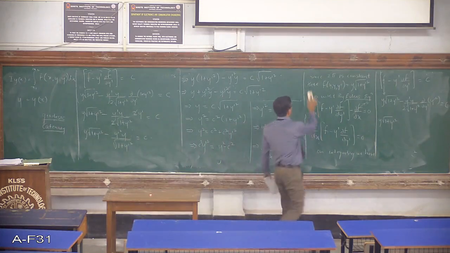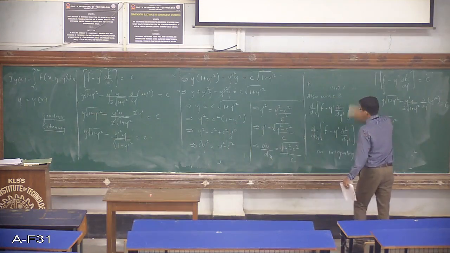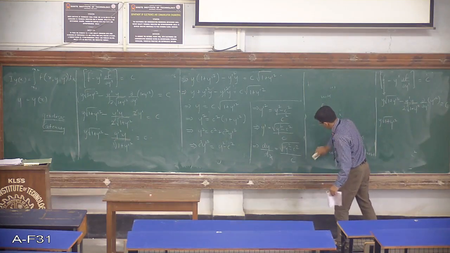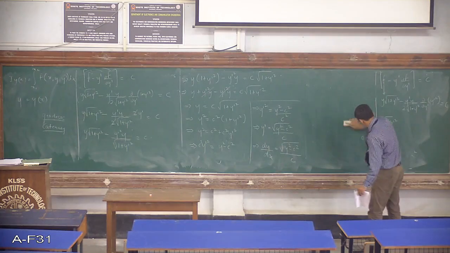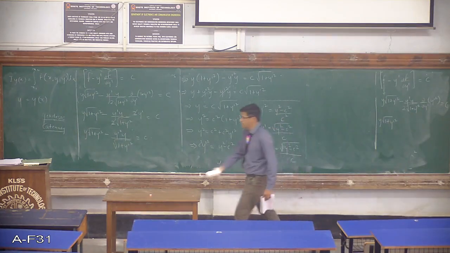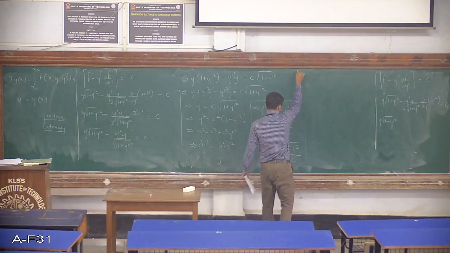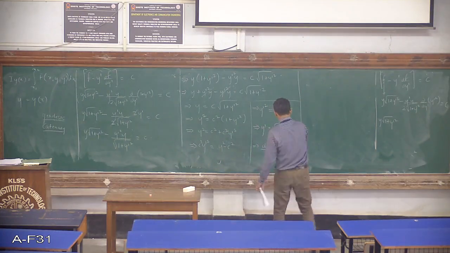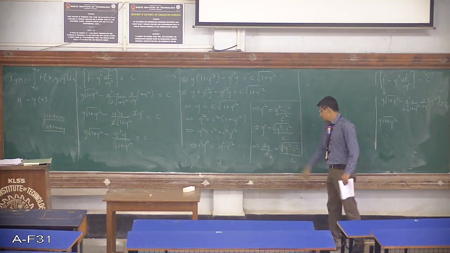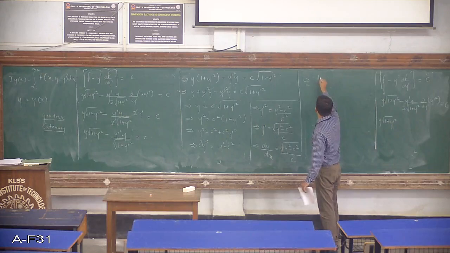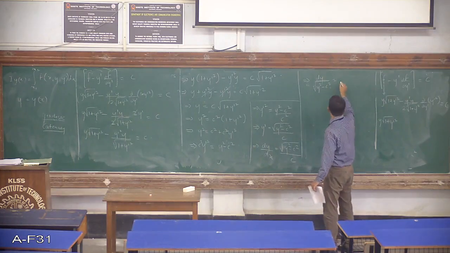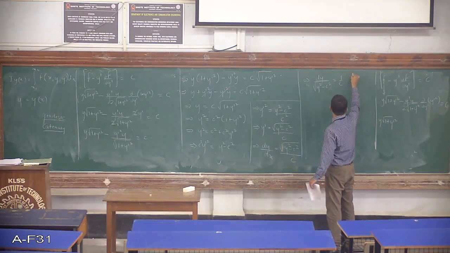So from here, this is dy by dx. I can make use of this: dy divided by square root of y square minus c square is equal to 1 by c into dx.